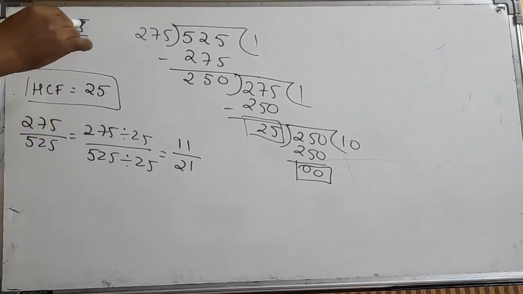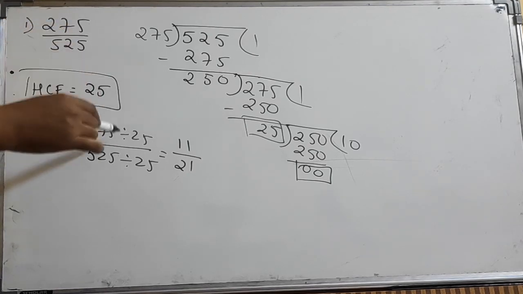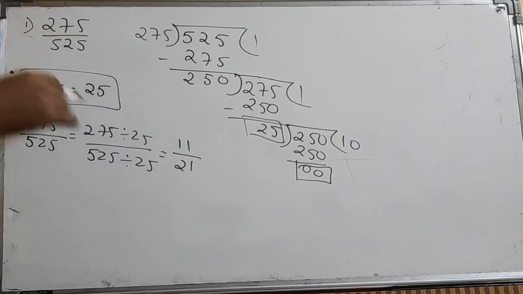So you're going to divide the numerator and the denominator by 25 and reduce this to the smallest factors, that is 11 upon 21. Okay, now I hope that you will be able to solve practice set number 12. That will be your assignment for the week. Solve practice set number 12.